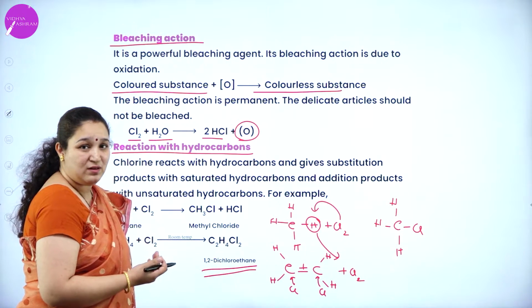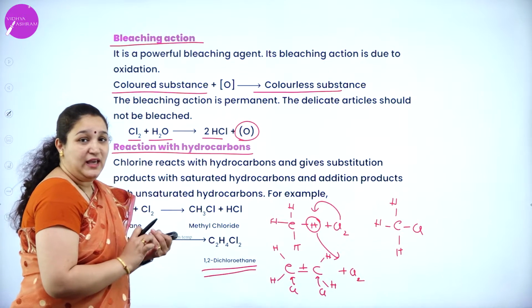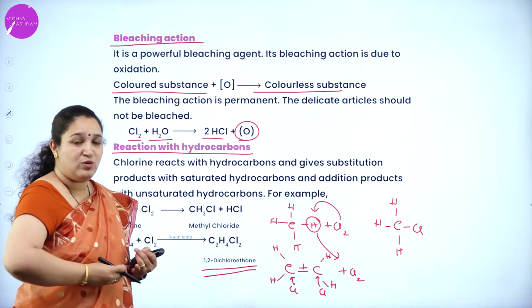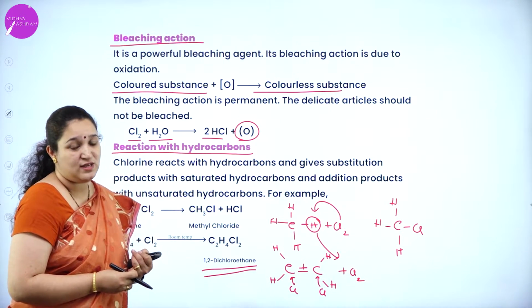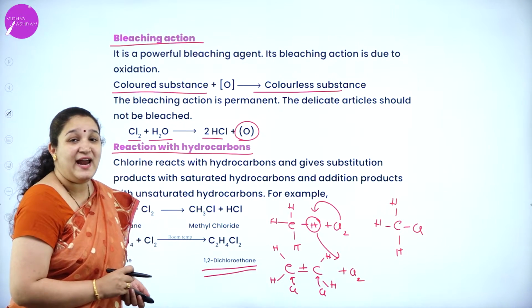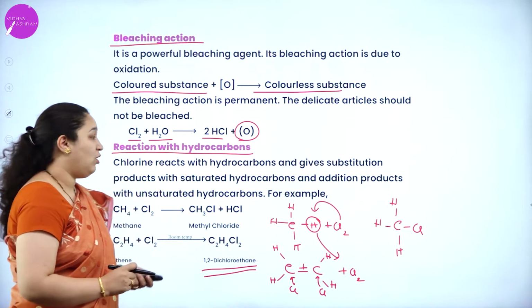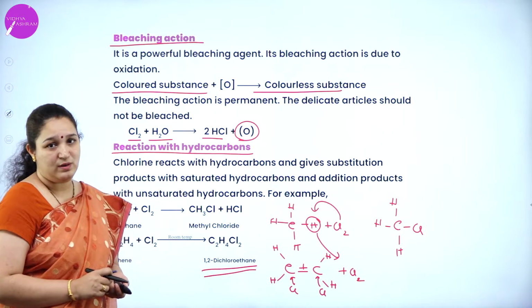So what is happening here? It is addition reaction. So if it is a saturated hydrocarbon, the reaction is substitution reaction, and if it is an unsaturated hydrocarbon, the reaction is addition reaction which will happen. So that's about the reaction of chlorine with hydrocarbons.